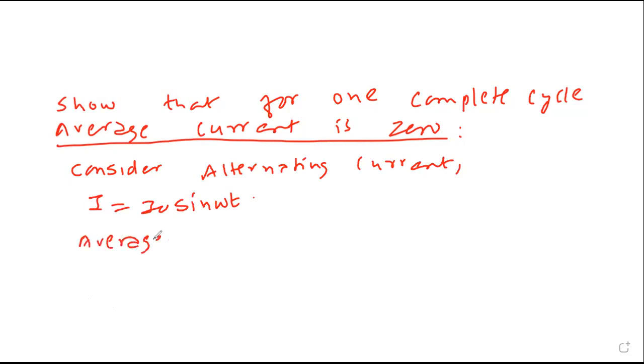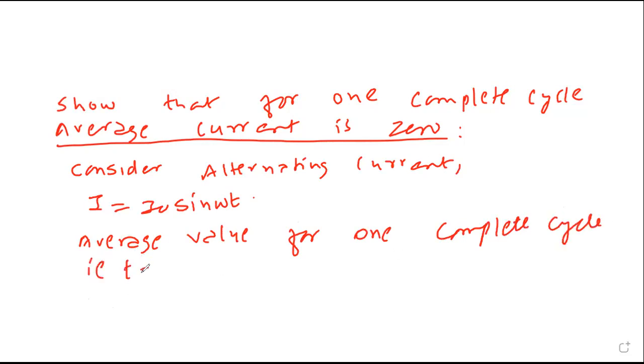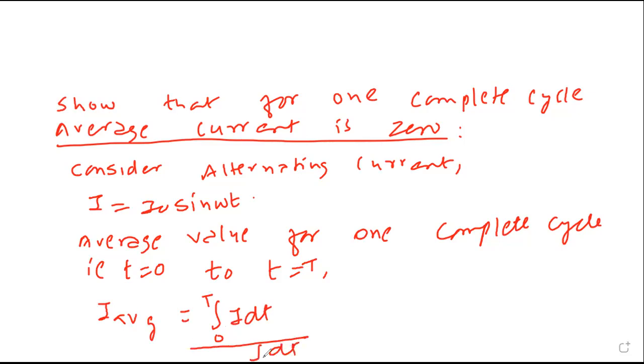Average value for one complete cycle, that is t equals to 0 to t equals to T, I average equals to integral of I dt for one complete cycle divided by time for one complete cycle.